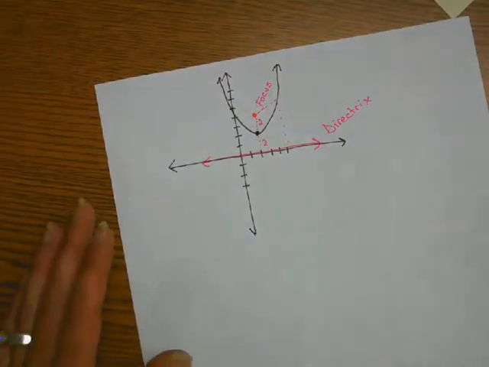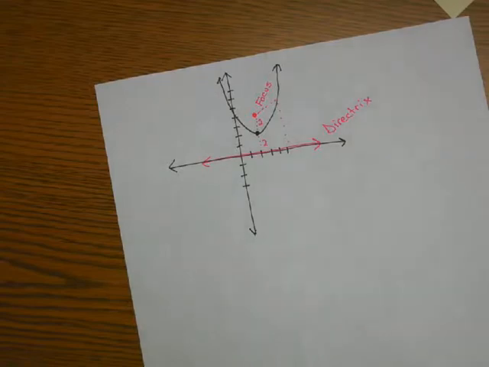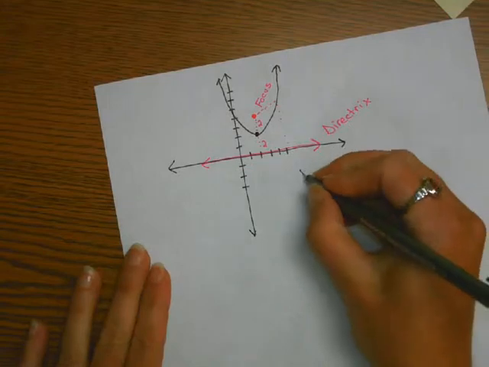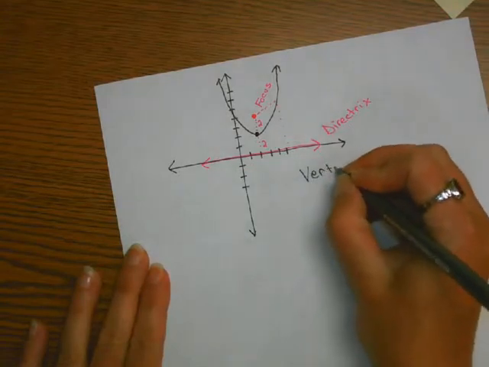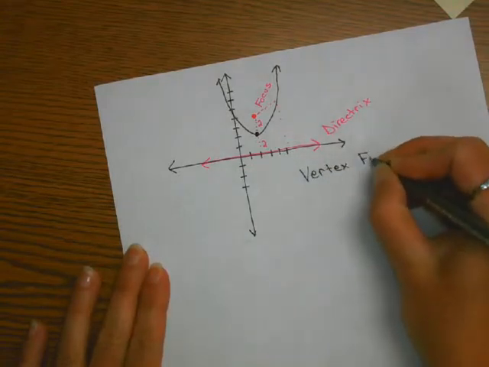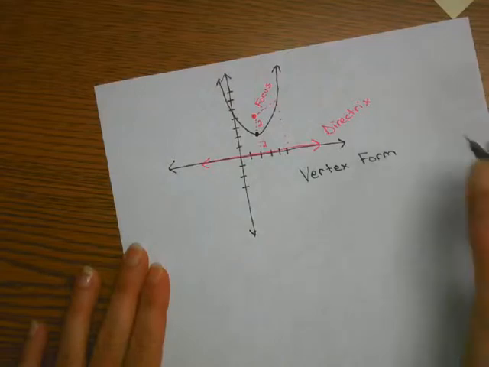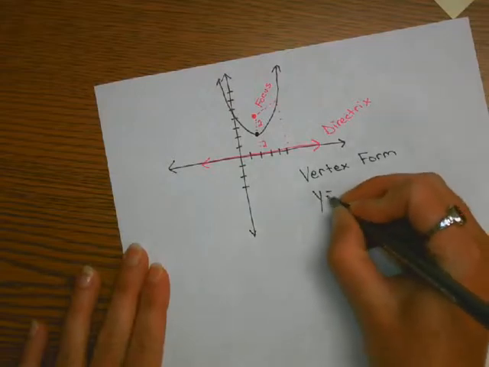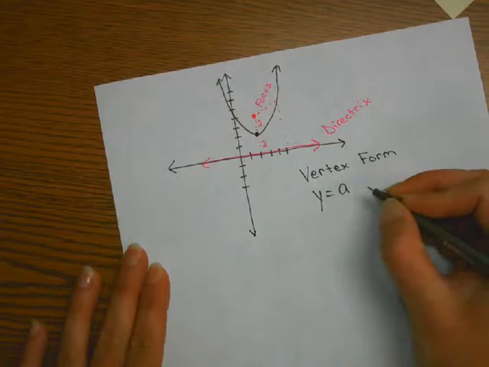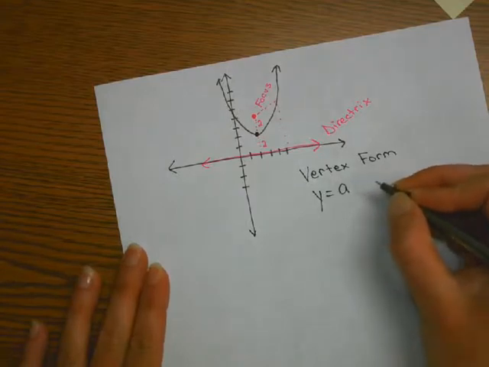Well, there are some key things here. First off, we know that we can use the vertex to help us with vertex form, right? The vertex form was y equals something. Now that had to do with whether we were open wider or narrower.